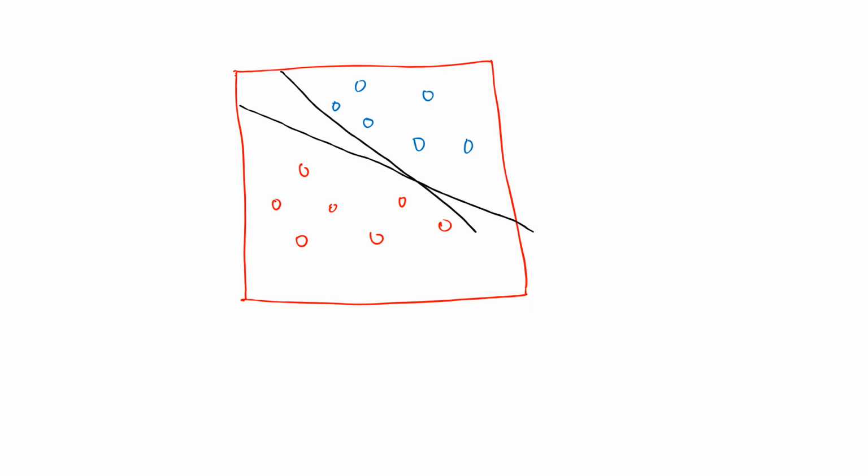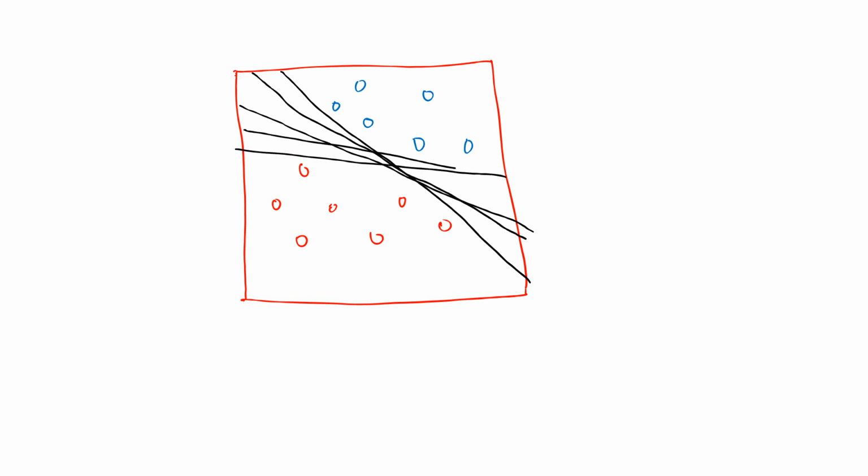Let me first draw some data, and let me change the color. Let's say this is what I have, and my hypothesis on this data is something like this. Maybe I could have come up with a better one, but that's fine.